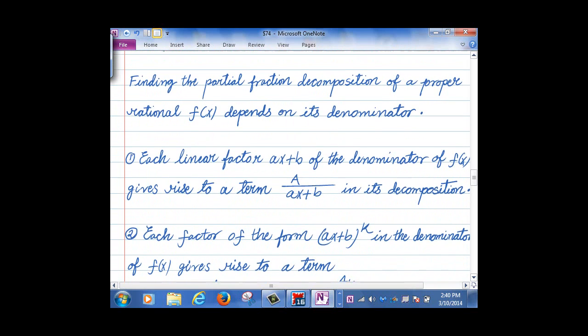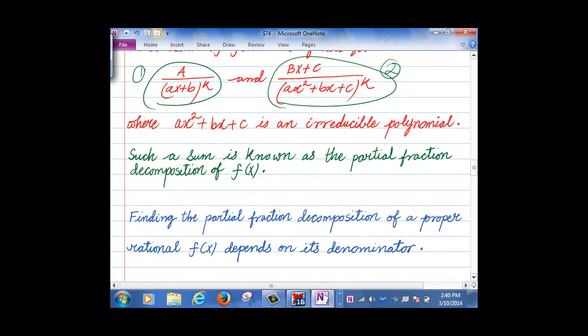By the way, when I express a proper fraction as a sum where each summand is either of the form 1 or the form 2, then that expression is called the partial fraction decomposition of the proper fraction. Can you remember that?